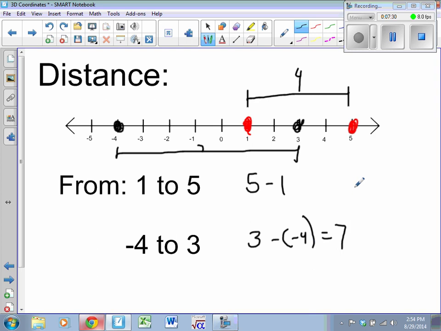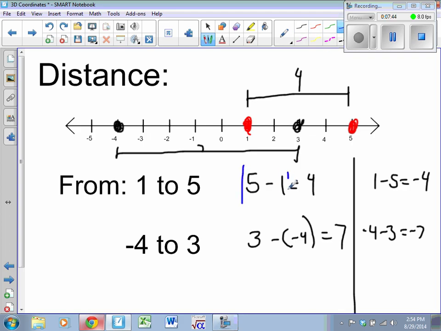Now, you may get messed up and say, what happens if I switch them and take 1 minus 5 and get -4, or -4 minus 3, which gives me -7? So many times we say you subtract, and you maybe put absolute values on there because distance is always positive. But the key to getting distance is subtraction.